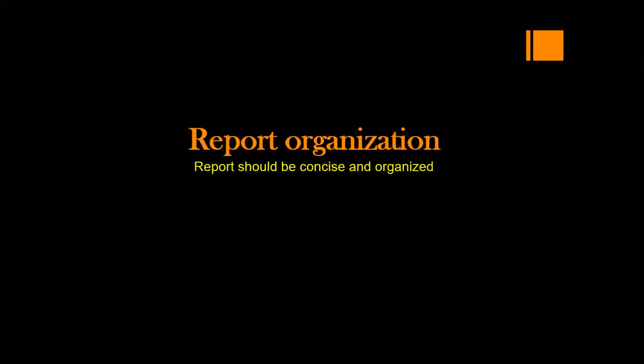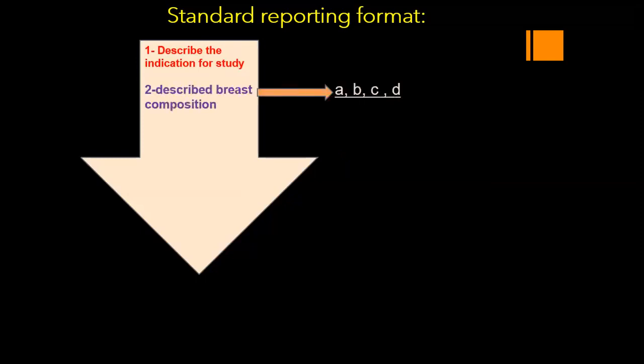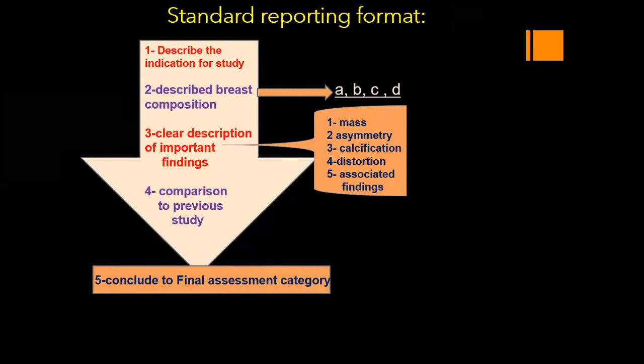Okay, so the report should be concise and organized, and based on the lexicons, with a structured format for the reporting, including a description of the indications of the study, and then breast composition, and to describe clearly the important findings as described in the lexicons, including the mass, asymmetry, calcifications, distortion, and associated findings, and if relevant, compare it with the previous, if available, and then to conclude with a final assessment category.